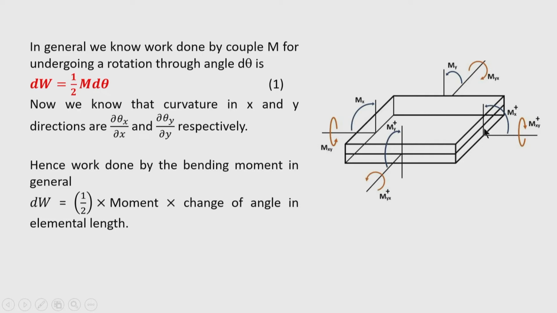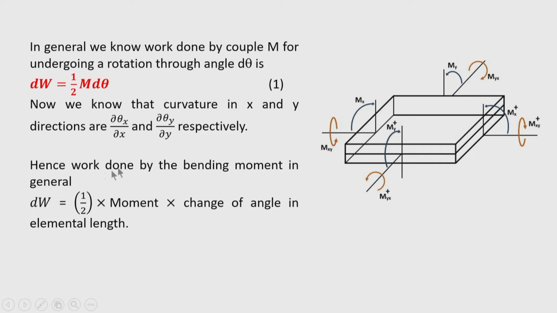On the opposite edge, the slope will be del w by del x plus the increment of slope. The increment of slope is del by del x of del w by del x into dx, so the increment of slope will be del squared w by del x squared into dx.